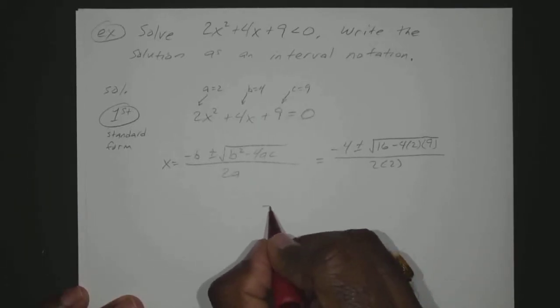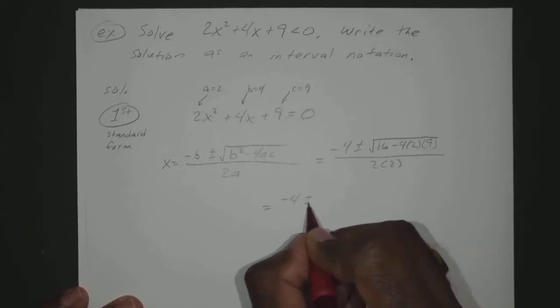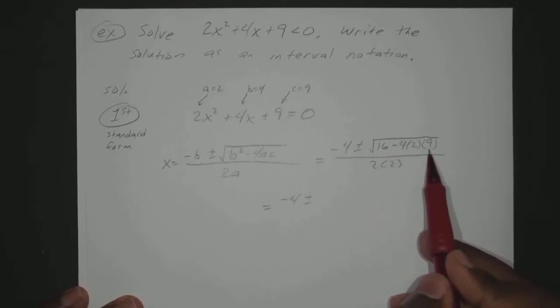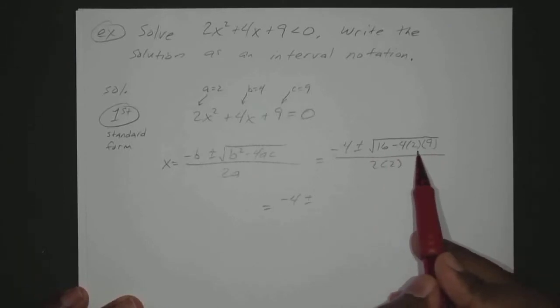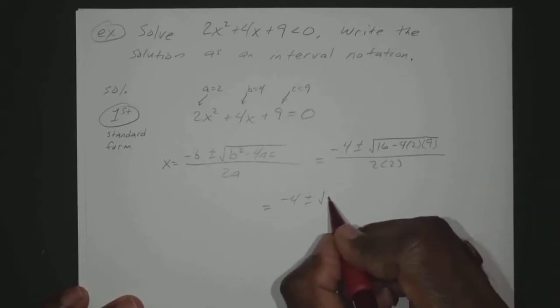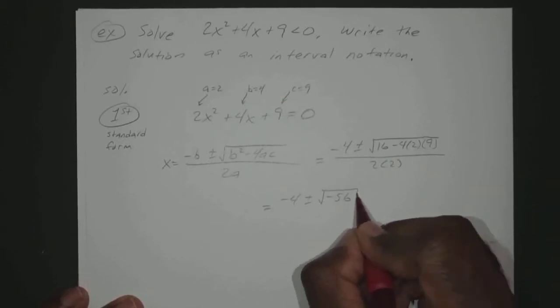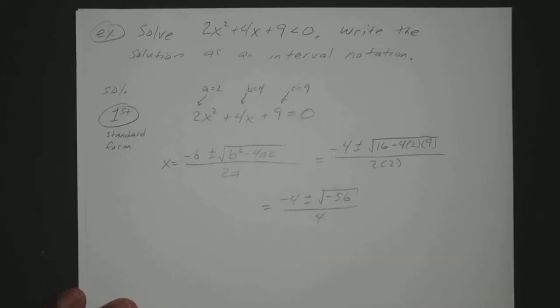So this is going to equal negative 4 plus or minus the square root of negative 56, all over 4.